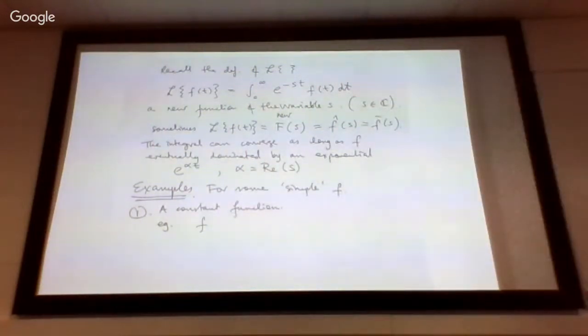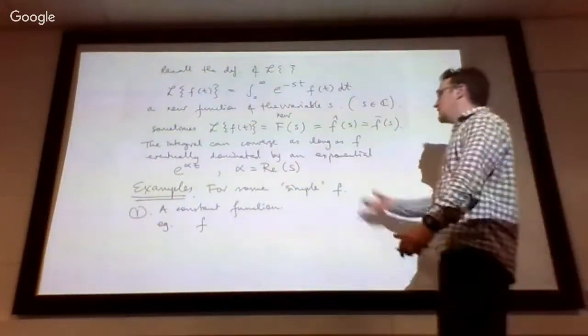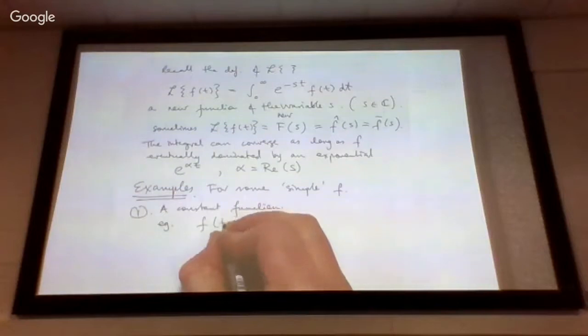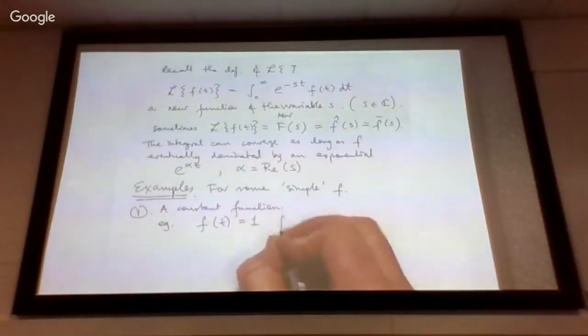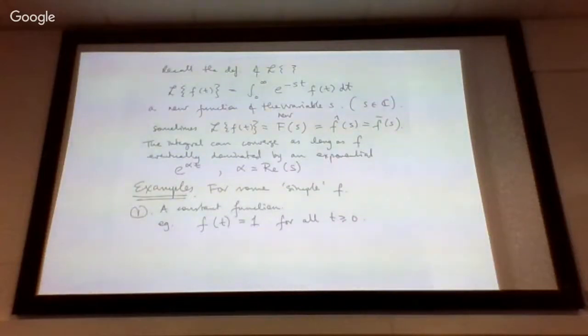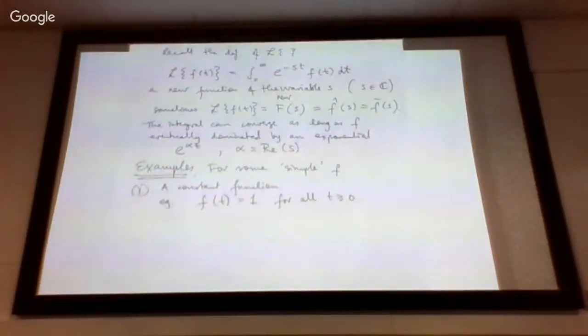Nothing much happens, so to speak. So really, the first non-trivial case would be a constant function which takes a non-zero constant value. So let's look at the constant function 1. So our function f is just the constant value 1, constant signal 1.